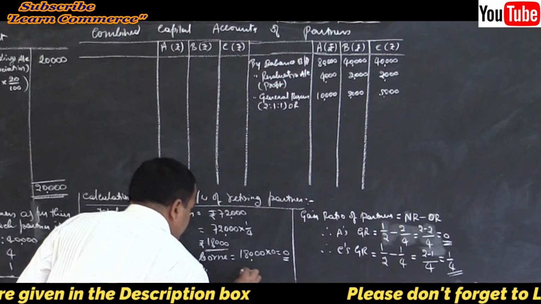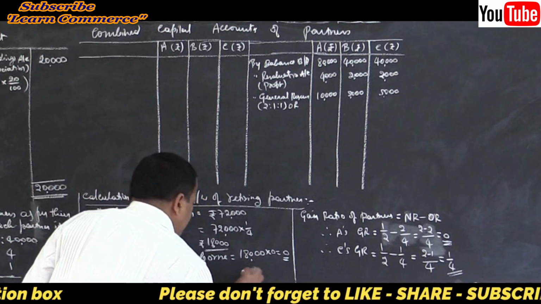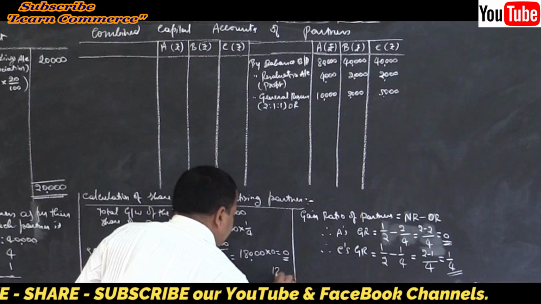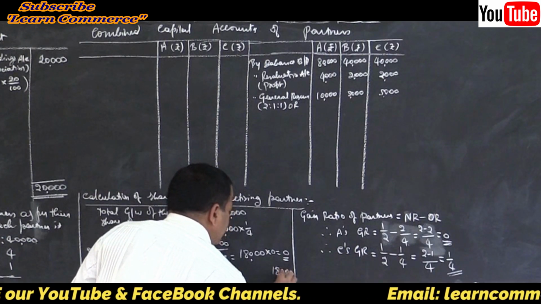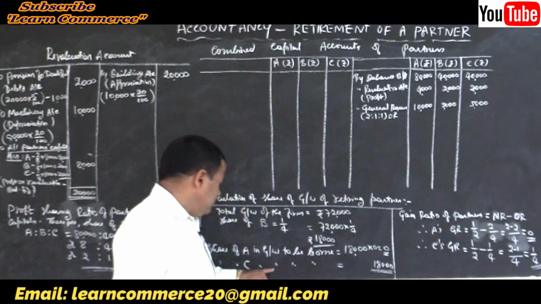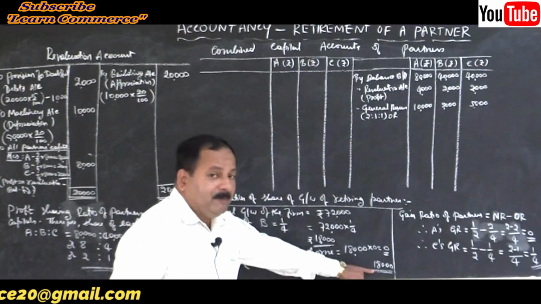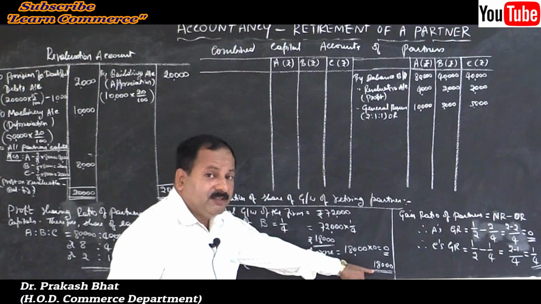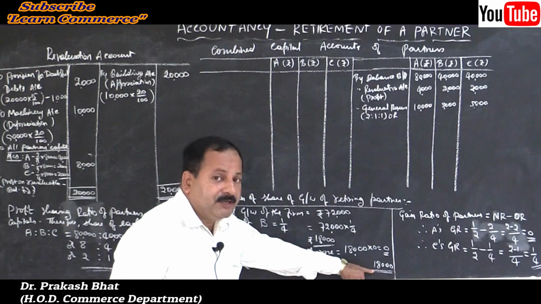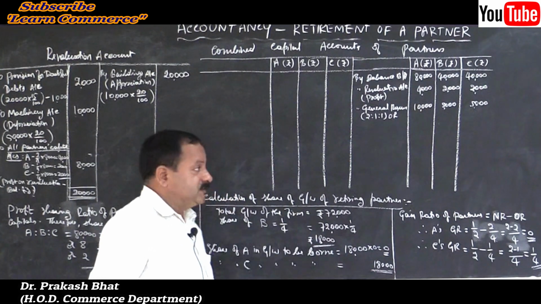Here the full goodwill borne by Chandru is equal to 18,000. So we have to debit Chandru, and we have to give credit to Bhimu. So that is what you have to do.